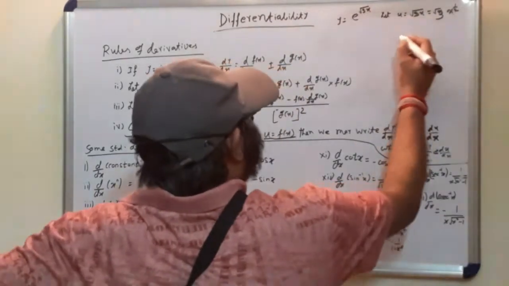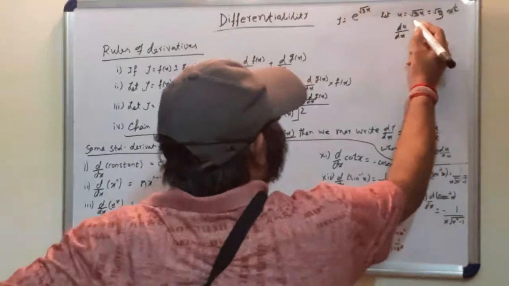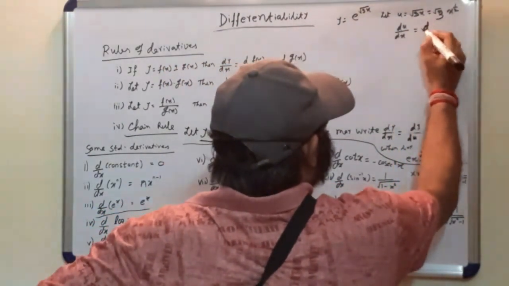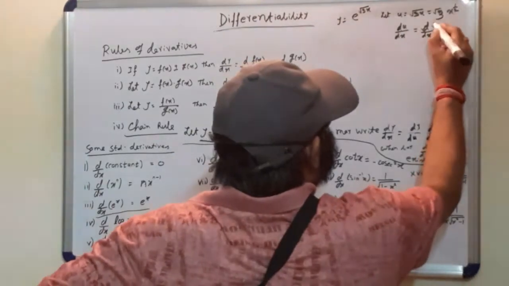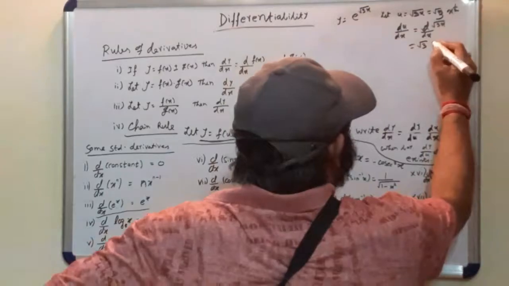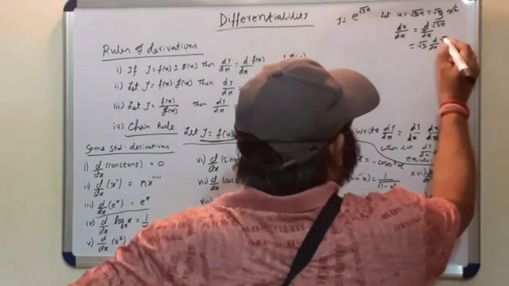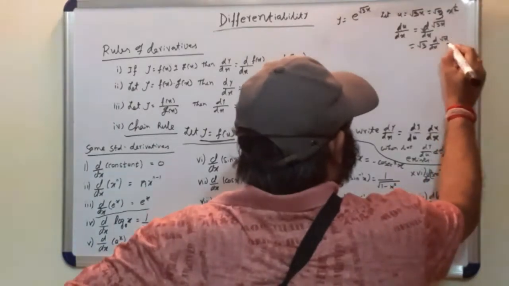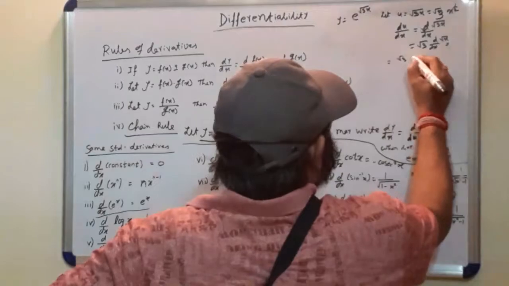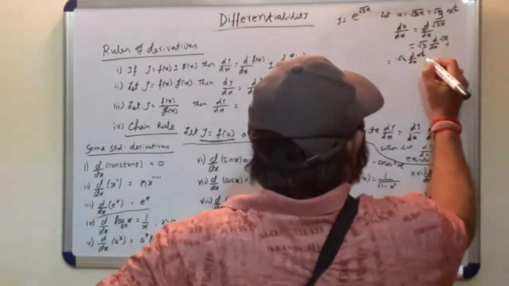What would be the derivative of that particular u? du/dx, it is a function of x, equal to d/dx of root 3x, equal to root 3 outside and d/dx of root x. Root x means d/dx of x to the power half.